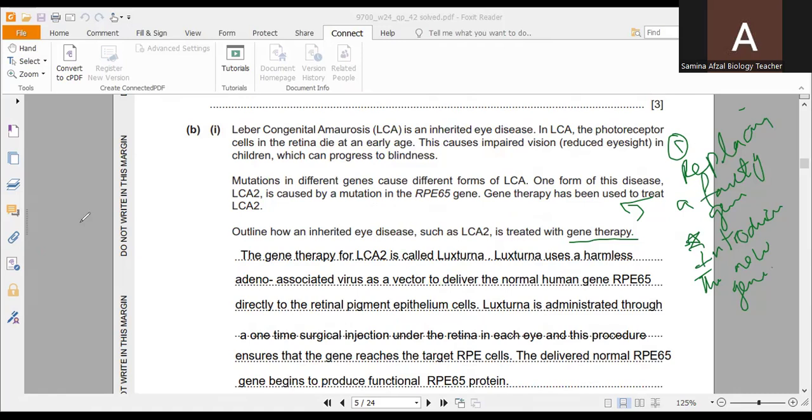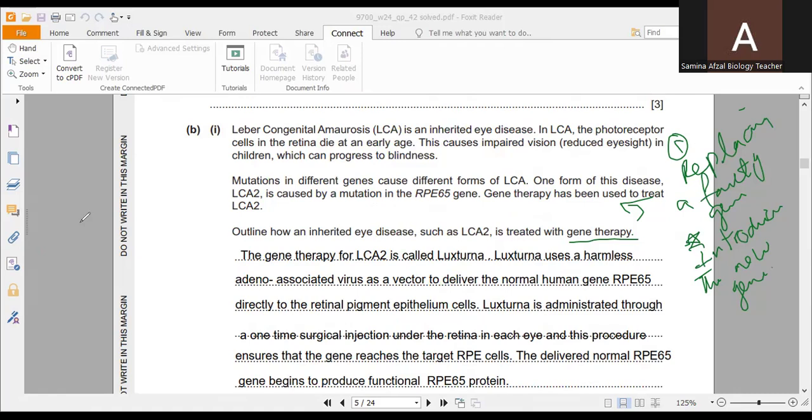The answer to the question: the gene therapy for LCA2 is called Luxturna. Luxturna uses a harmless adeno-associated virus as a vector to deliver the normal human gene RPE65 directly to the retinal pigment epithelium cells.